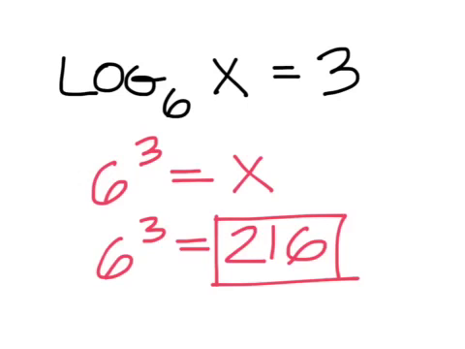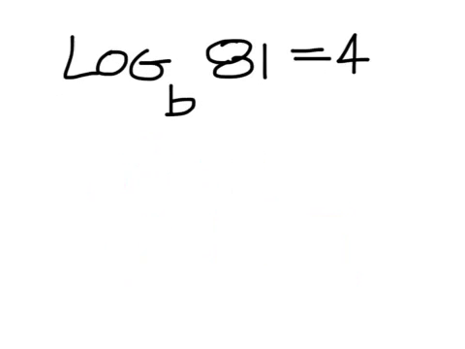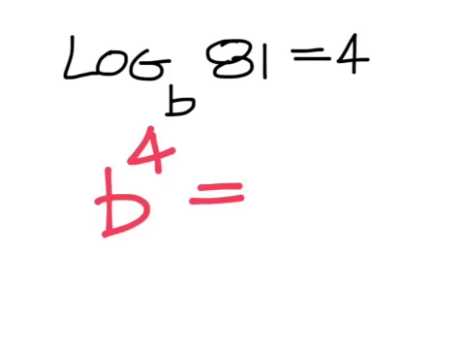I forgot that I'd already worked it out, so oh well. Log base b of 81 equals 4. You know the base is b, and the exponent is 4. The result is 81. Now there is a way you can solve for this stuff with logarithms, but for now I'm just giving you problems that are easy enough to guess and check.